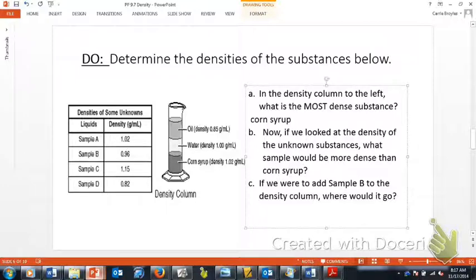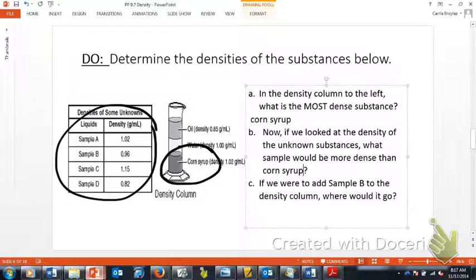If we're looking over there at corn syrup, we see that the density is 1.02. But if we look over here at this chart, we're looking for a number that's bigger than that. So the number that is bigger than that is going to be sample C right here, because it is at 1.15. So that's the answer we are going to write.